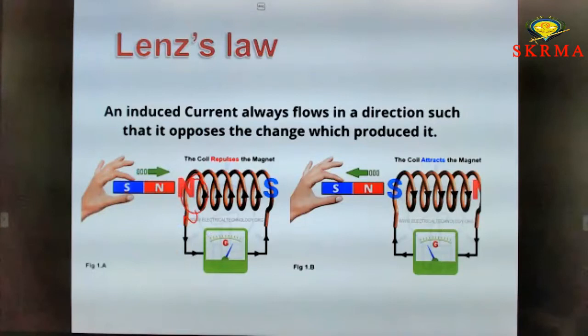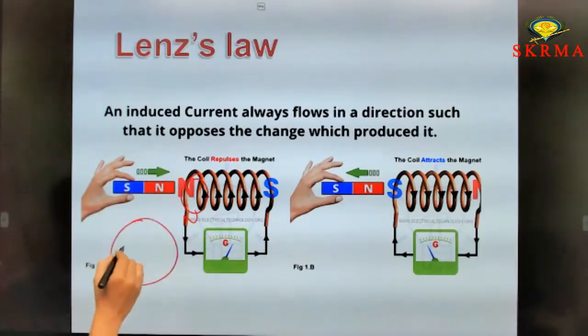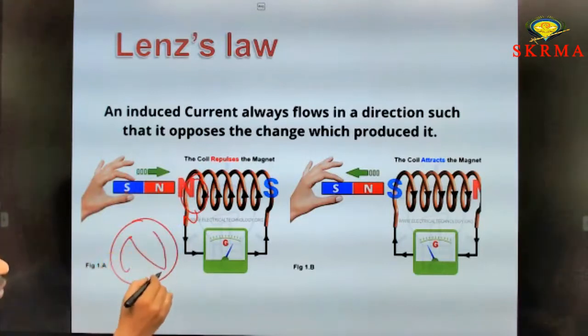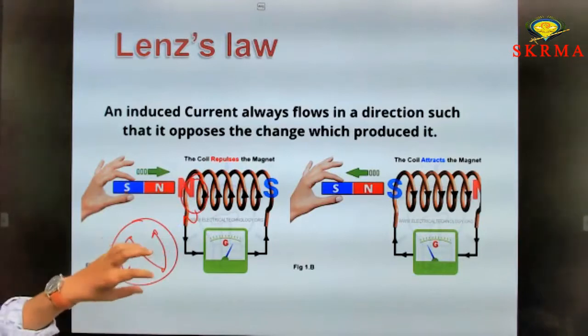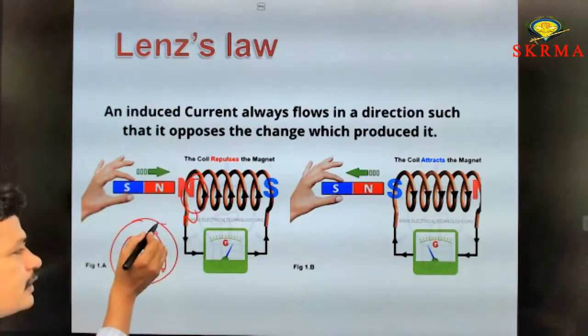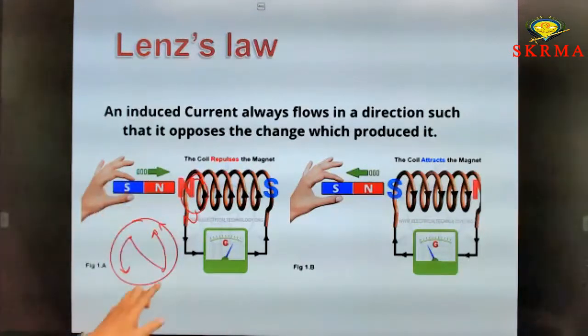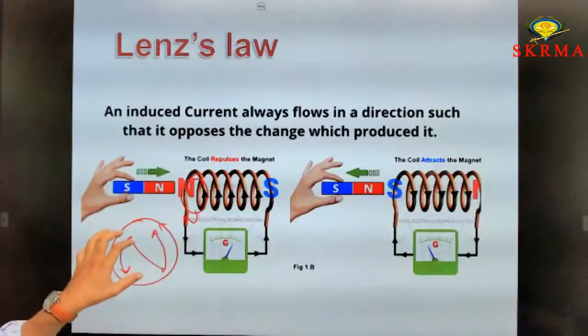If it acts like a north pole, how does current flow in the coil? That is also very important. In most textbooks they represent it like this: if it acts like a north pole, the current in the loop is in the anticlockwise, or counterclockwise, direction.